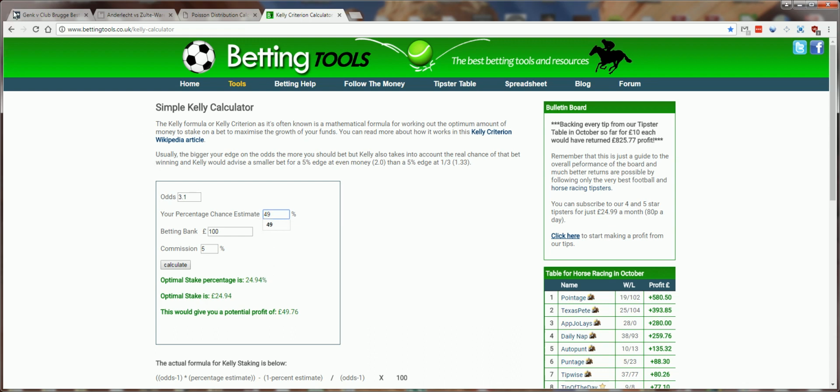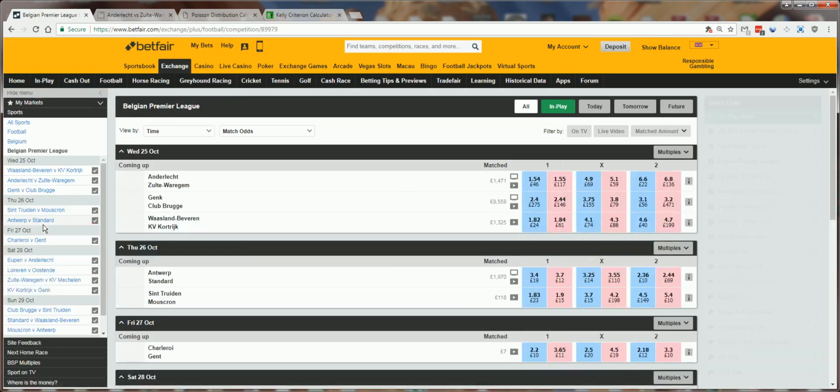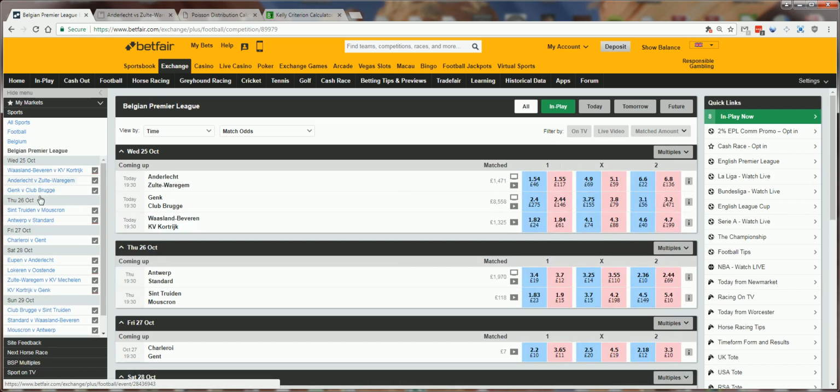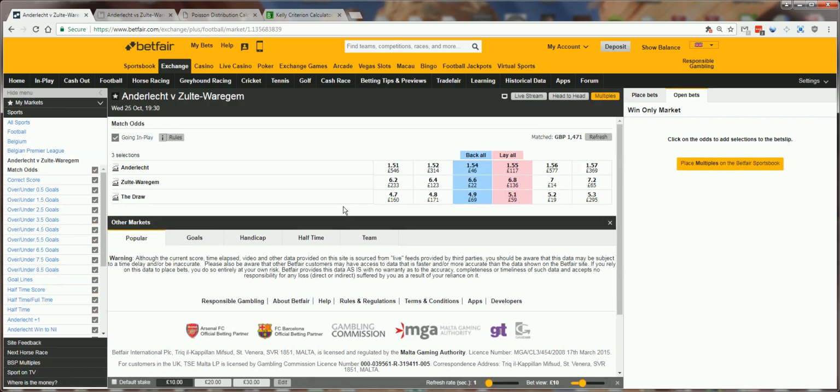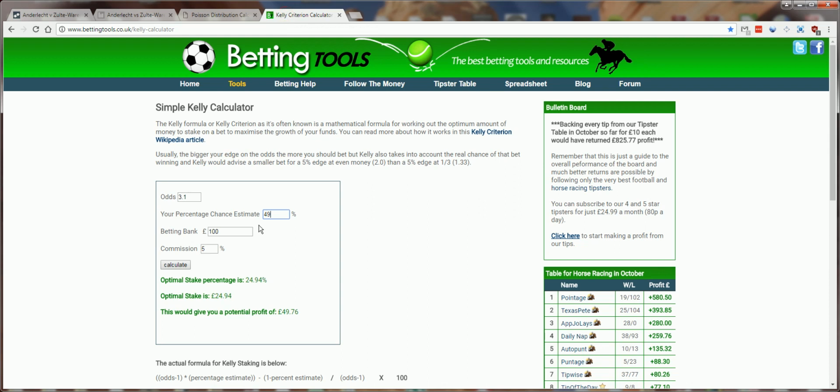And then we'll get the game up. And we're going to the Anderlecht game, and they're giving us an absolutely massive 6.6.